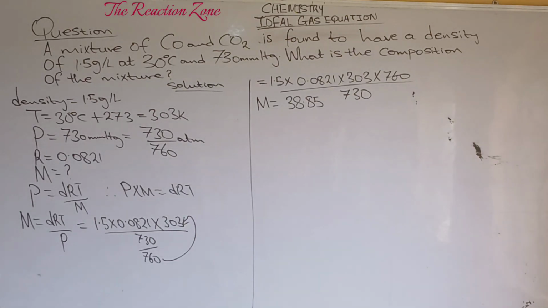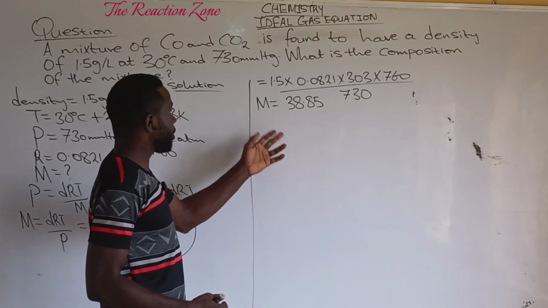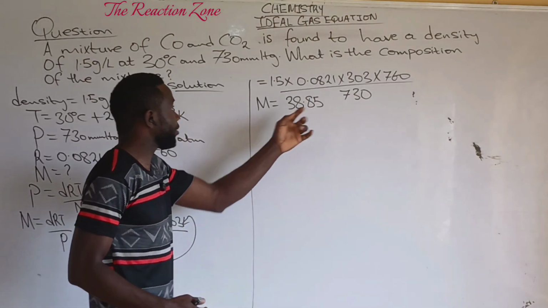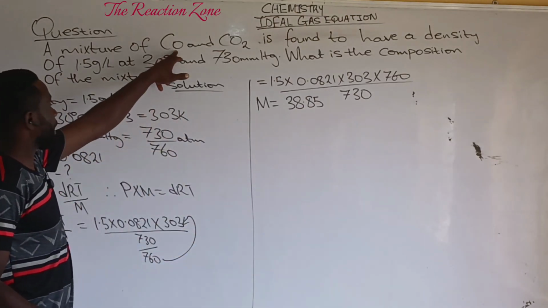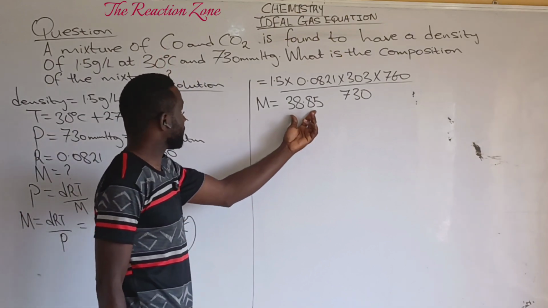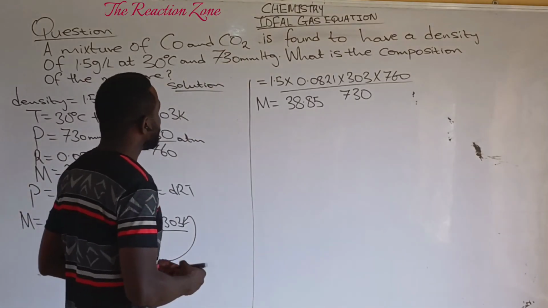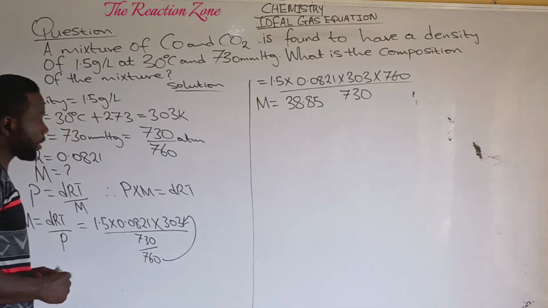However, that is not what we're looking for. We are going to find the composition of the mixture. In other words, we want to know how much in percentage of this 38.85 is carbon monoxide, that is CO, and how much of this is carbon dioxide, CO2. So to do that, we're going to make an assumption.